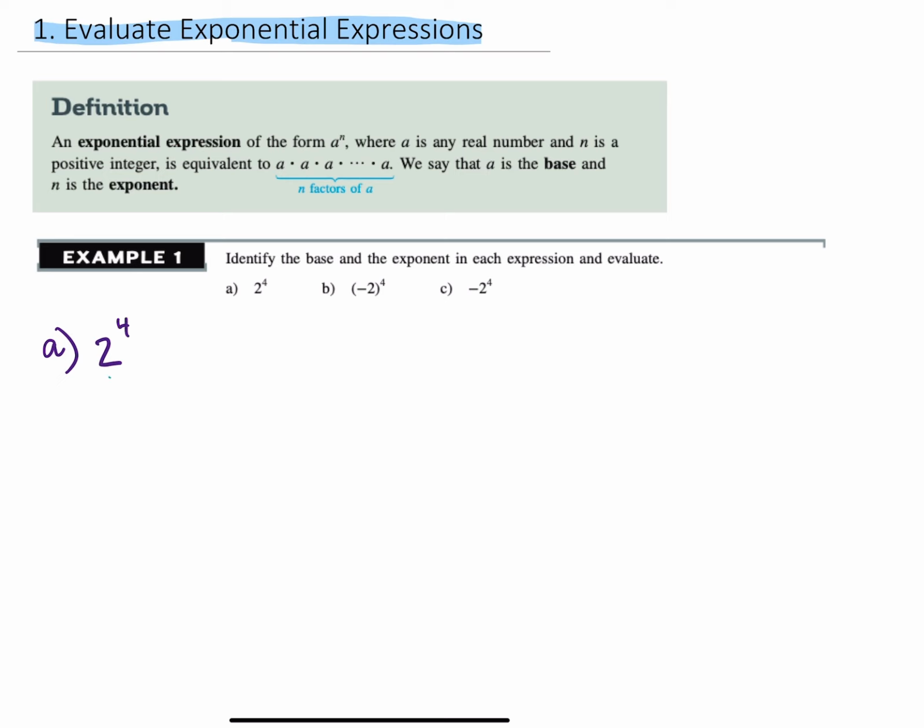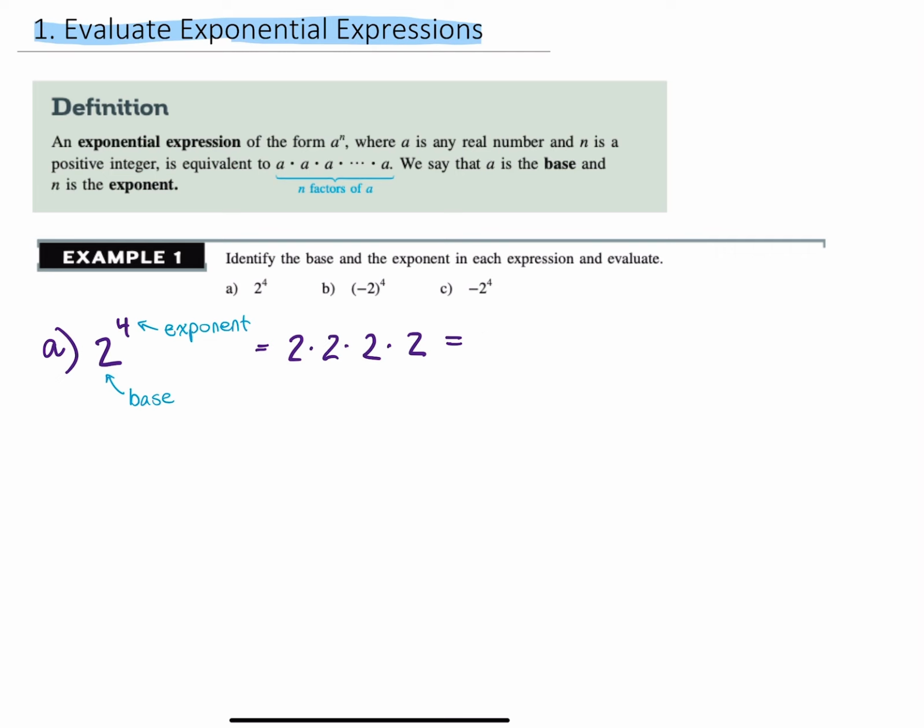The 2 we would call the base, and the 4 is the exponent. So what this means is 2 times itself 4 times, or we can expand this out as 2 times 2 times 2 times 2, which should give you 16.